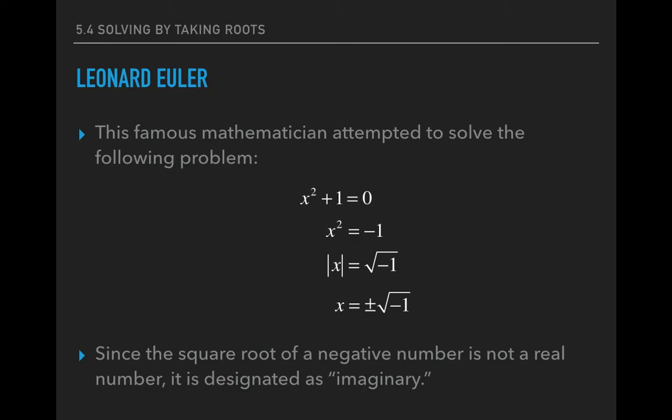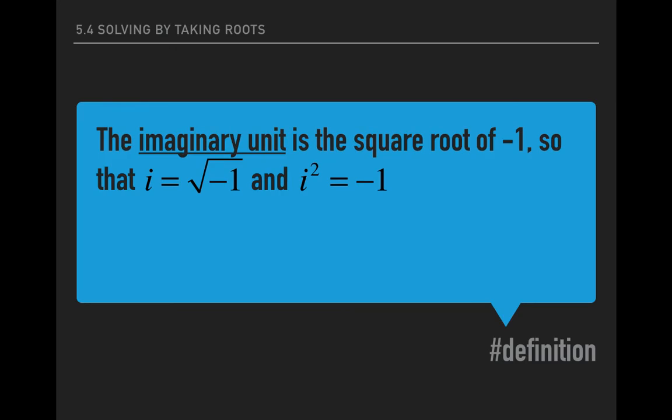What you get is imaginary. The square root of a negative number is not a real number. We call it imaginary, and I'm not joking. Let me show you in this definition here.